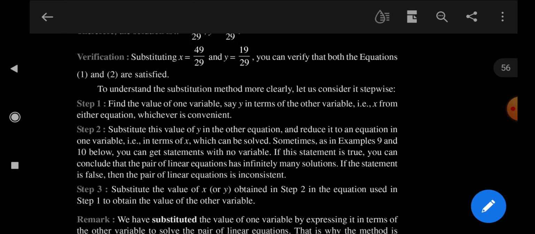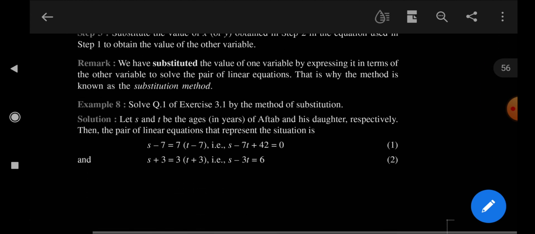Sometimes, as in examples 9 and 10 below, you can get a statement with no variables. If the statement is true, you can conclude that the pair of linear equations has infinitely many solutions. If the statement is false, then the pair of linear equations is inconsistent. Step 3. Substitute the value of x or y obtained in step second in the equation used in step first to obtain the value of the other variable.